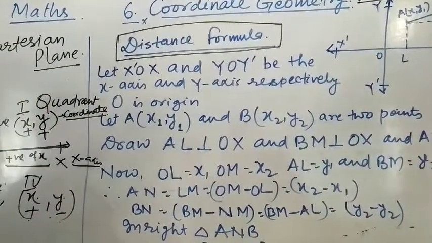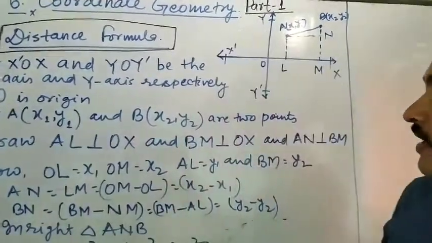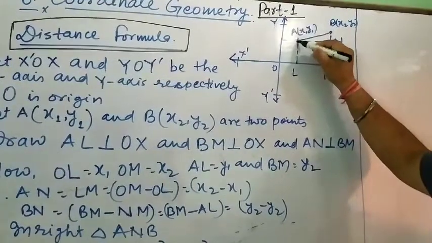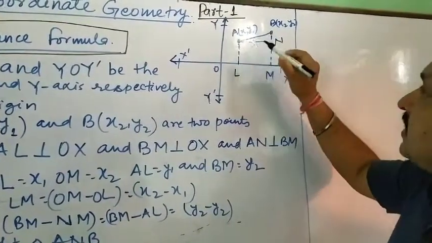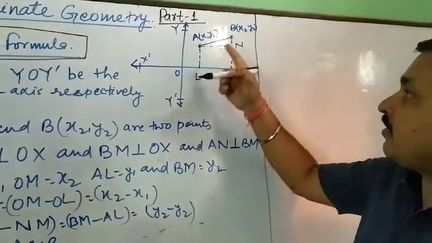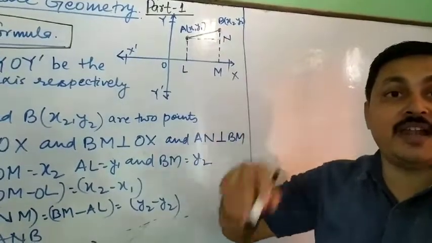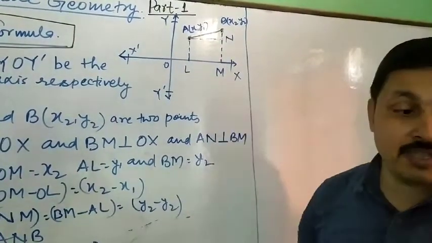Distance formula means if 2 points A and B are given and a line segment joins these 2 points, then how can we find the distance of this AB?